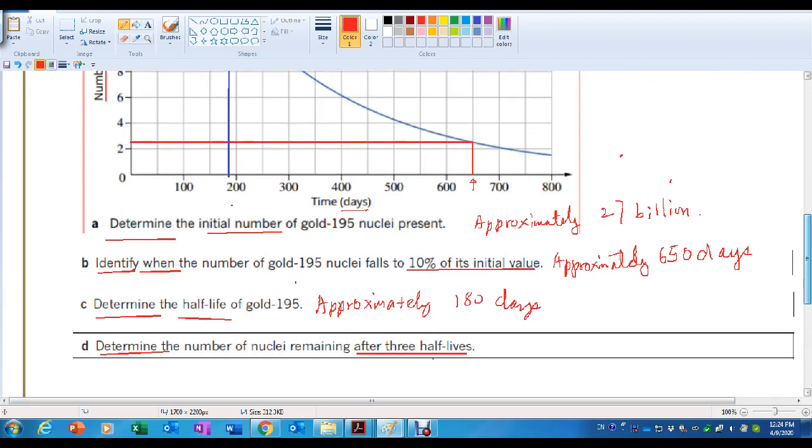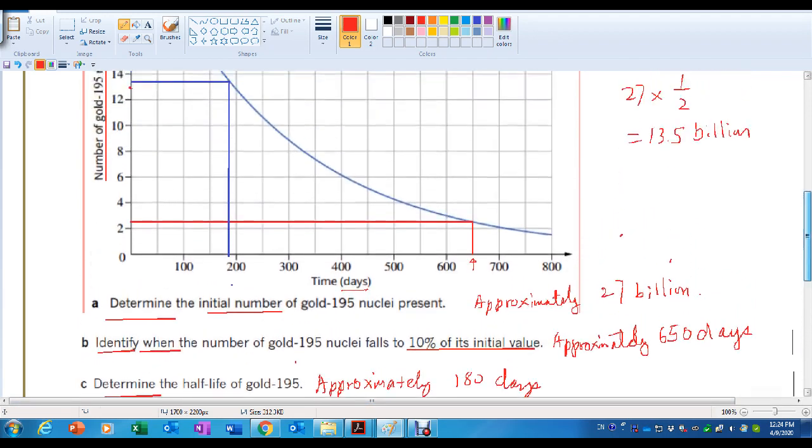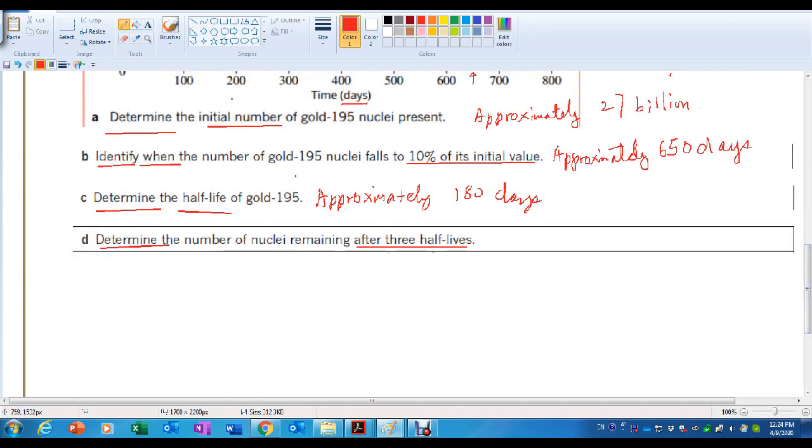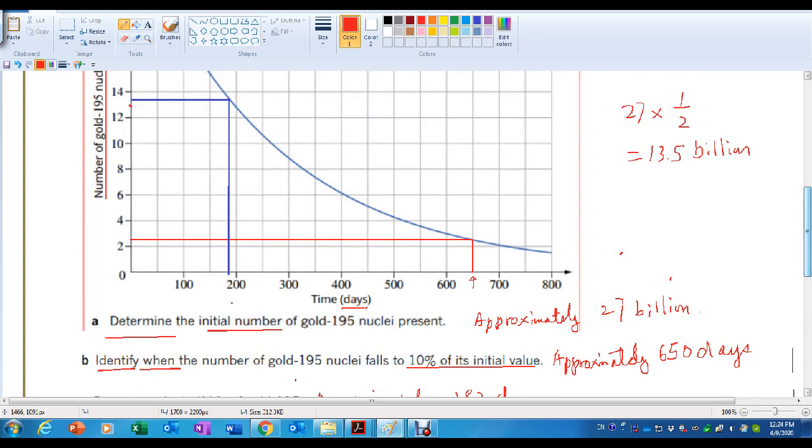Now, the number of nuclei remaining after 3 half-lives. What do we mean by 3 half-lives? 180 days is 1 half-life, so after 3 half-lives, it becomes 540 days. That's around here.